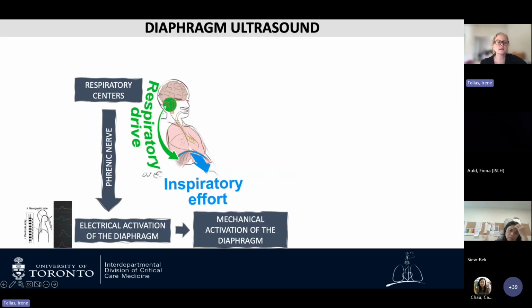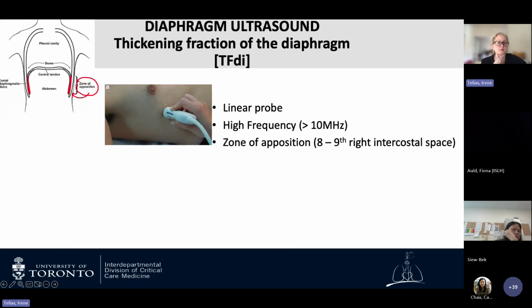Okay, so once the diaphragm electrically activates, it contracts, it thickens. When it contracts, we can actually measure this using an ultrasound. So we use a diaphragmatic ultrasound. We use a linear probe with high frequency, and we place it in what we call the zone of apposition. Here on the left upper corner of the screen, you see the diaphragm.